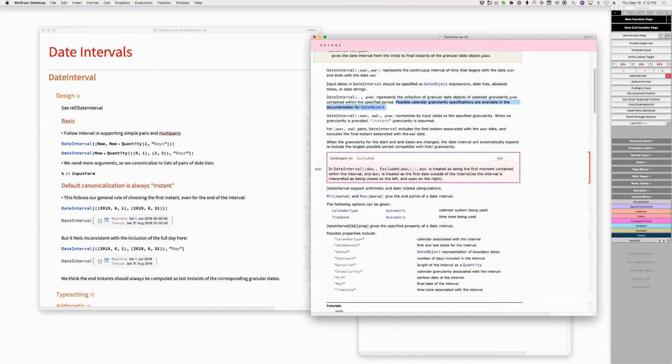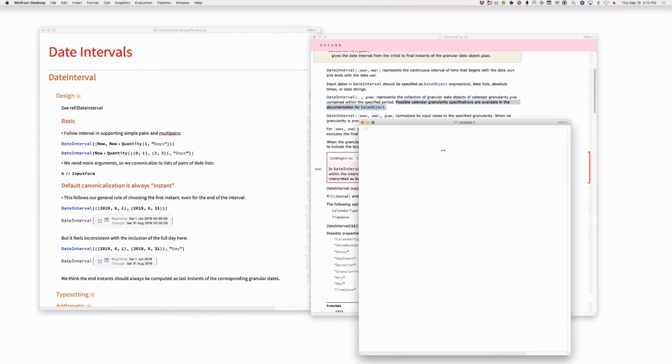So for example, let's say I say date interval of now minus 3 weeks to now, granularity of days. Okay, now how do I get the explicit days within those times?